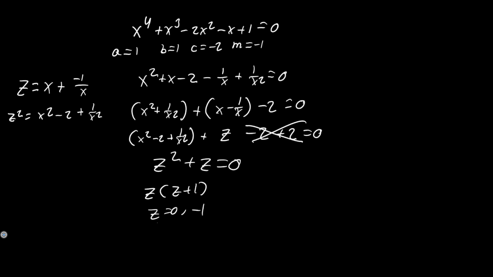And now we're going to set z back to x minus 1 over x. So we have x minus 1 over x, which is equal to, we're going to use both of the solutions we got from z. So we're going to have 0 and x minus 1 over x is equal to negative 1.